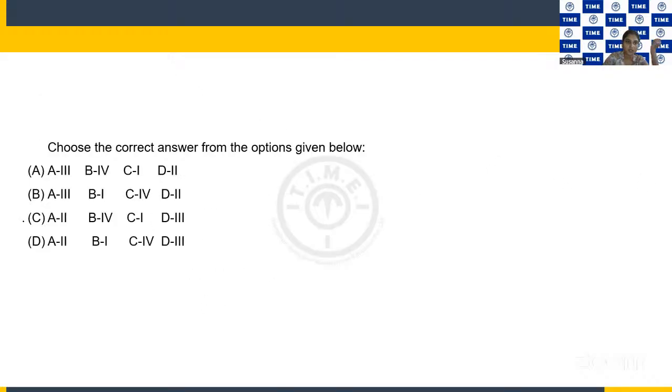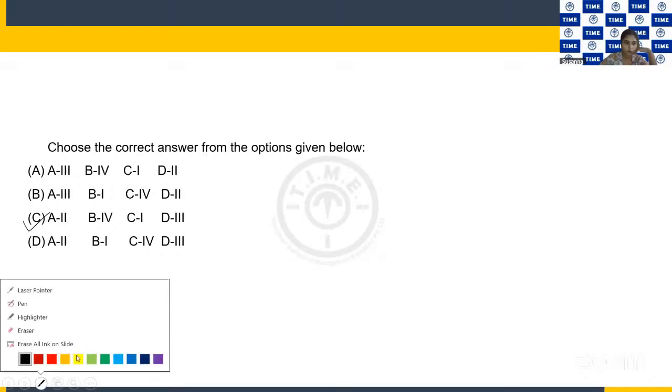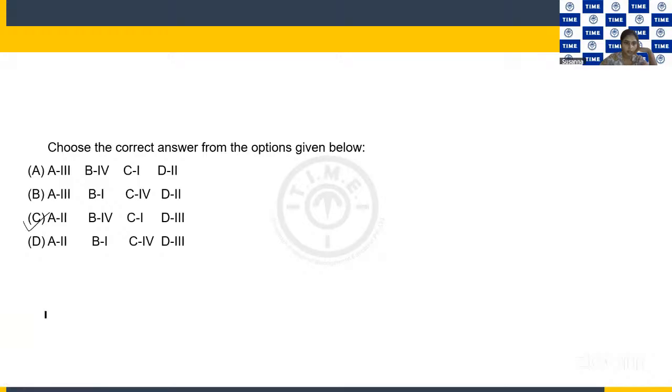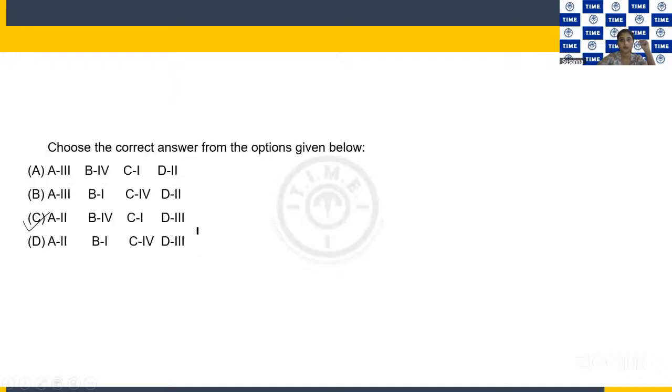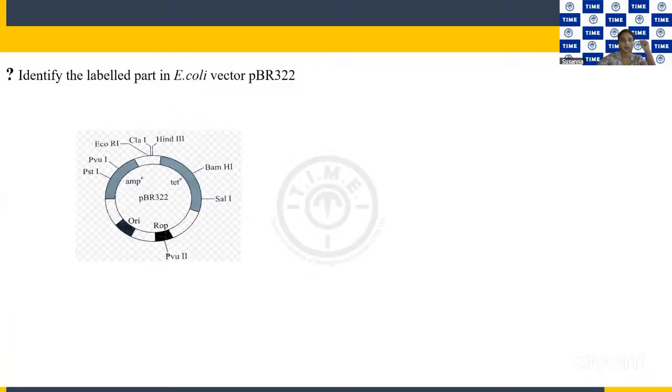Yeah, so this is the option. C is the correct answer. I hope it's clear. Okay. So this is how you do the match the following questions. Just mark the list 2 numbers beside the term in the list 1 and try to make a pattern. Okay, we'll go on to the next question.